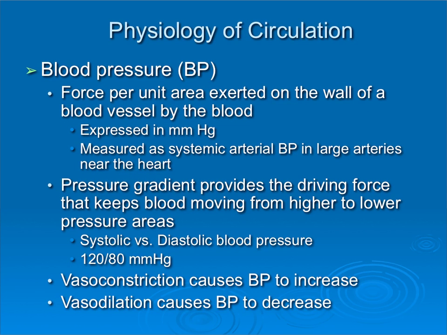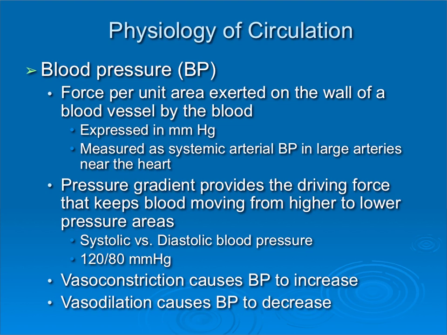So we can see how much blood flow is going to go based on blood pressure. Again, things naturally want to move from a high pressure to a low pressure. So blood pressure is the amount of force per unit area on the wall of a vessel or on the walls of the heart. And we express it in millimeters of mercury.